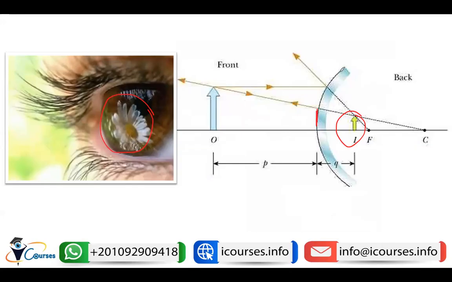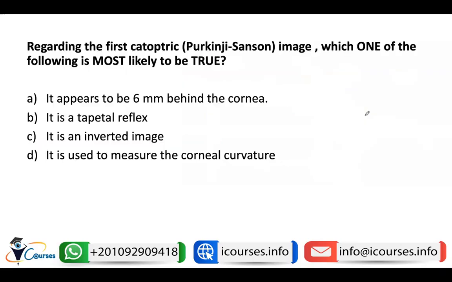So consider this is the anterior corneal surface, so the image will be formed here. And this will be the principle of a device that we will mention in the instruments. It is called the keratometer. We have another question about the Purkinje-Sanson image. It has some other options, but again, this principle will be discussed in more detail in the keratometry lesson.